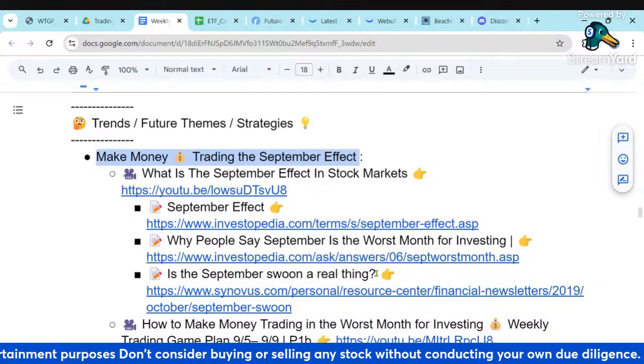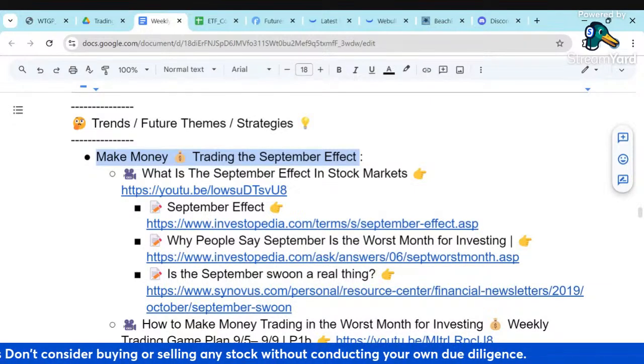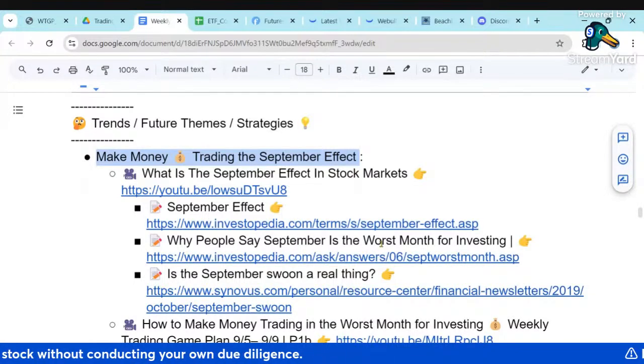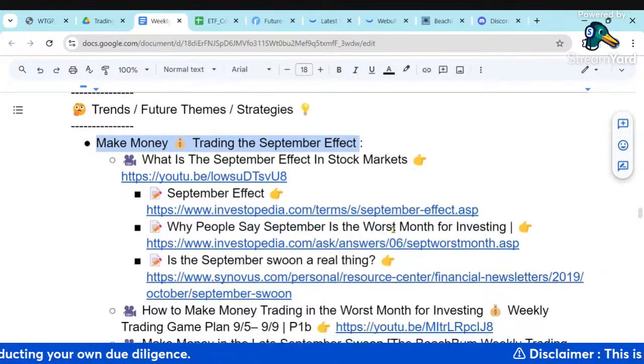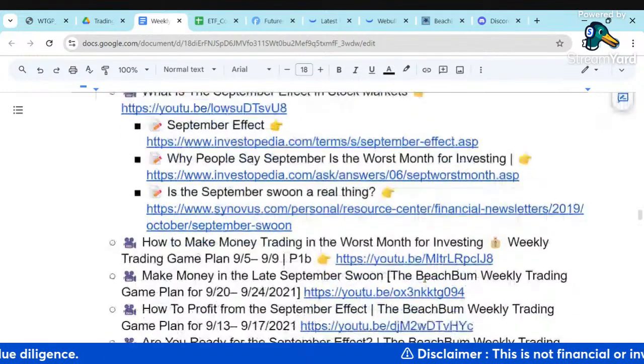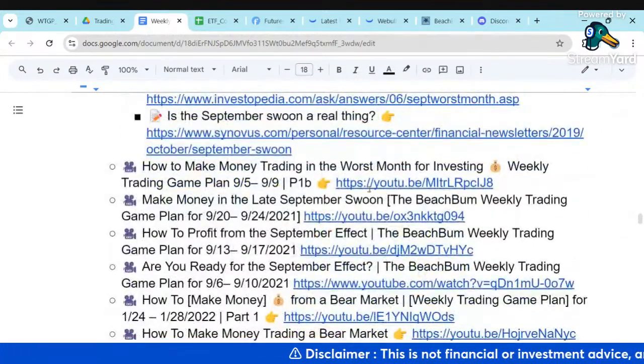The September swoon tends to apply more towards the second half of September. We've talked about strategies for trading the September effect as well as the September swoon for several years.